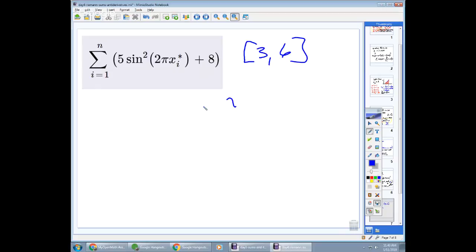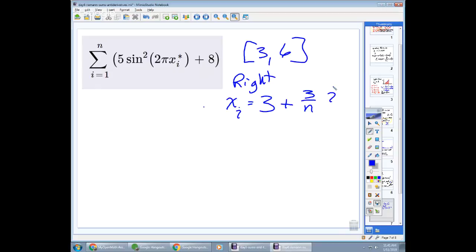Then xi would be starting at 3, jump by, this is limit of n, so this is just an n right there, so then delta x would be 3 over n times i. So they just wouldn't have the star. And then I would have to multiply that by 2 pi. Yeah, so that would be right-hand endpoints.